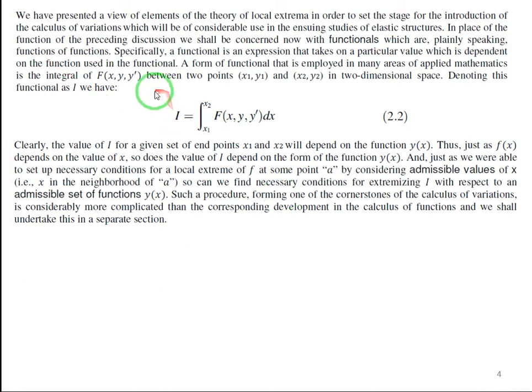You can see here the simplest form of functional. As you can see, in this equation, we define functional I as a function of function y, where y is itself a function of x. So we have function of function and we name it functional. Functional is a function of function or function of functions.